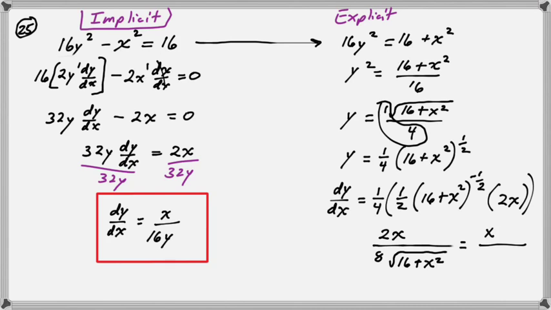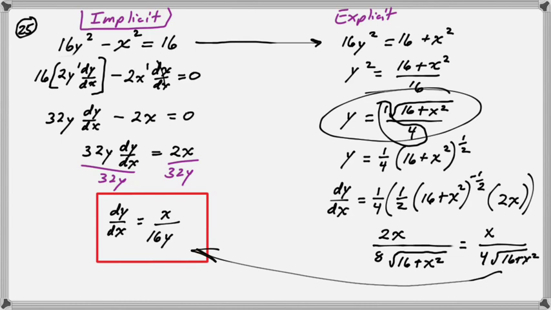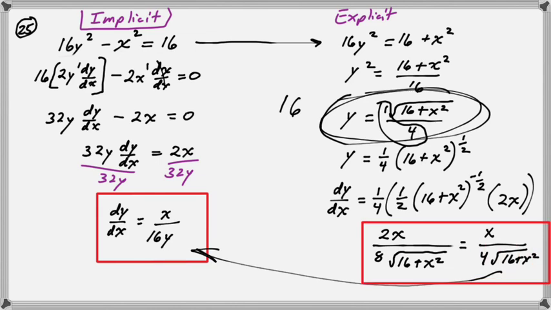X over, what would that be? 4 radical, 16 plus x squared. If y is 1/4 of the radical, would 4y be the radical? Or would 4 times a radical equal 16y, is what I'm trying to ask? Yes. If I take 16 times both sides, I'd have 16y equals 4 times a radical, showing that these two are equivalent.